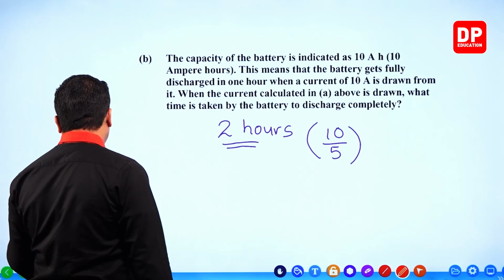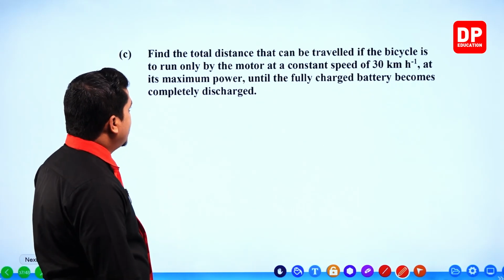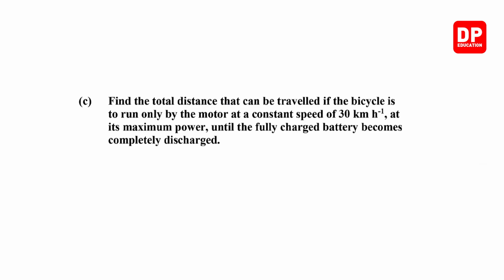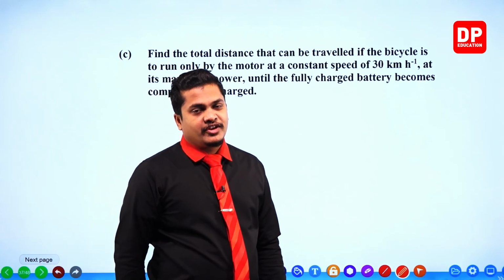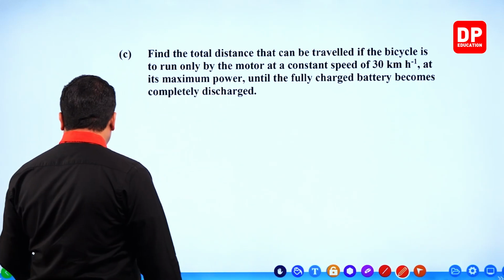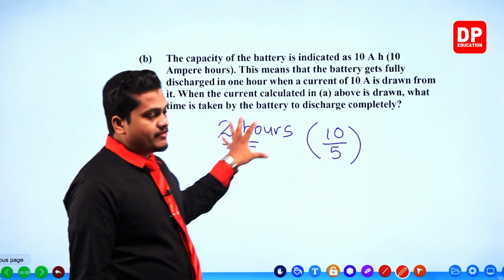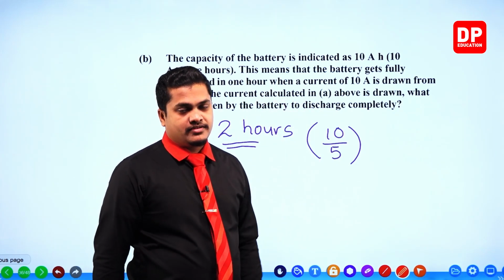Right, then the next one. What is the total distance that can be traveled if the bicycle is run only by the motor at a constant speed of 30 kilometers per hour at its maximum power, until the fully charged battery becomes completely discharged? Quite easy, right? We found out that we can run the motor for about 2 hours.